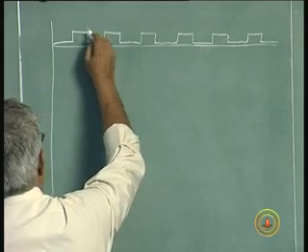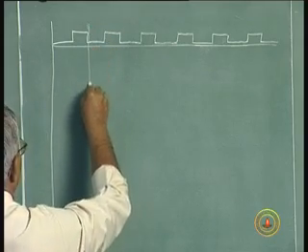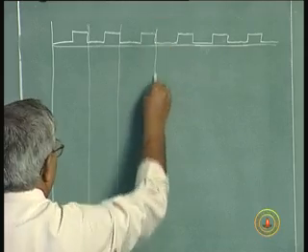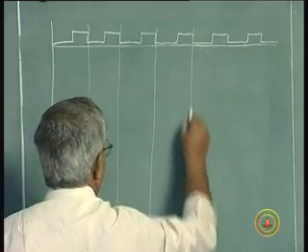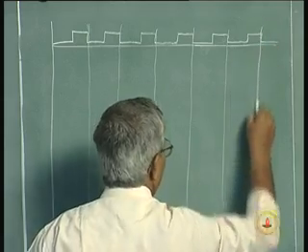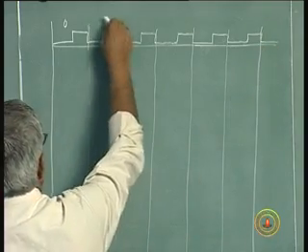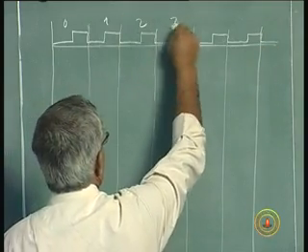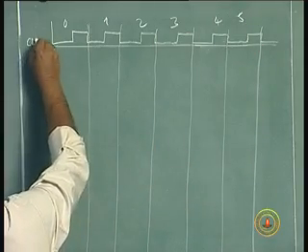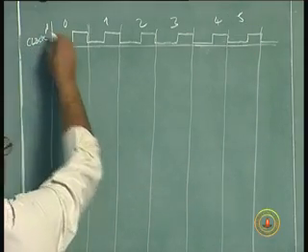This is 0, the clock pulse, first clock pulse, second clock pulse, third clock pulse, clock, time axis.